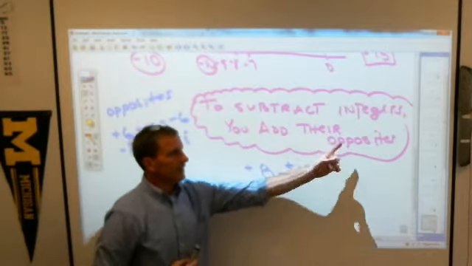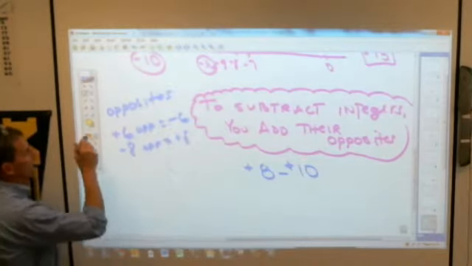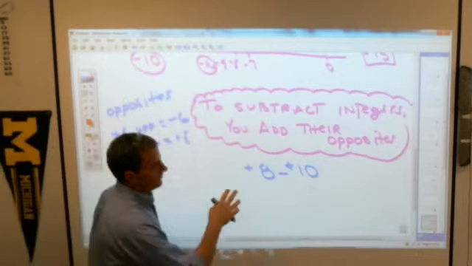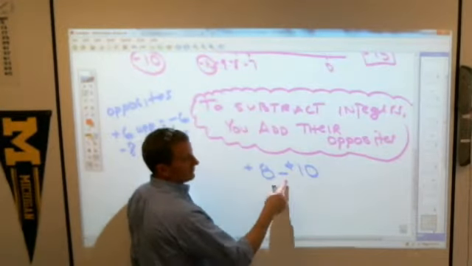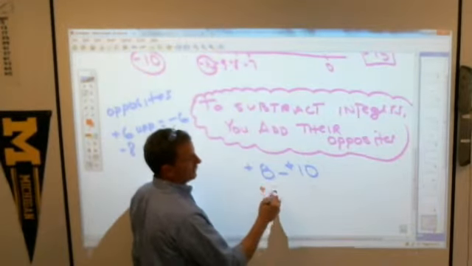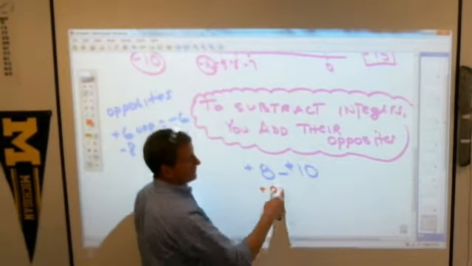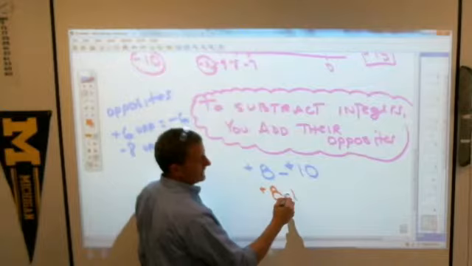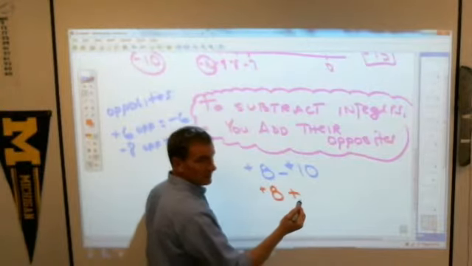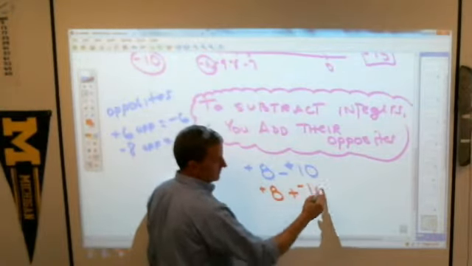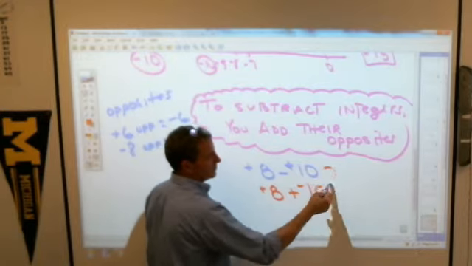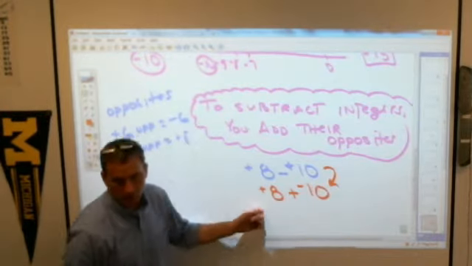Add the opposite. So that means instead of writing it like this, +8 minus a +10, the first number stays the same, and I add the opposite of this. What is the opposite of 10? The opposite of 10 is -10. So this whole subtraction problem just turns into that. And this one we just did.